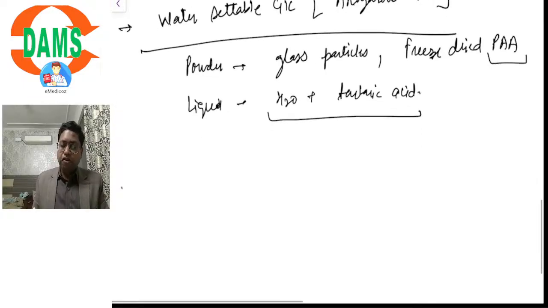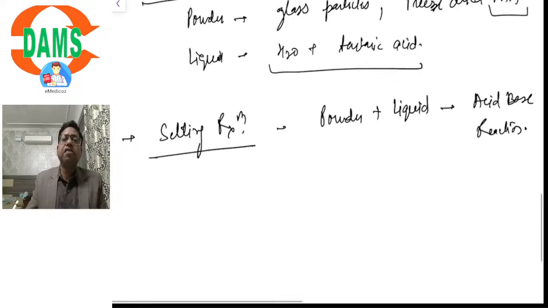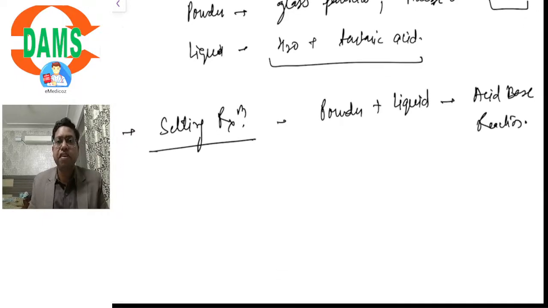Now, if we talk about the setting reaction of glass ionomer cement, when the powder is mixed with the liquid, that is polyacrylic acid, there is an acid-base reaction. Just like zinc phosphate and zinc polycarboxylate cements that we have seen, there would be an acid-base reaction.